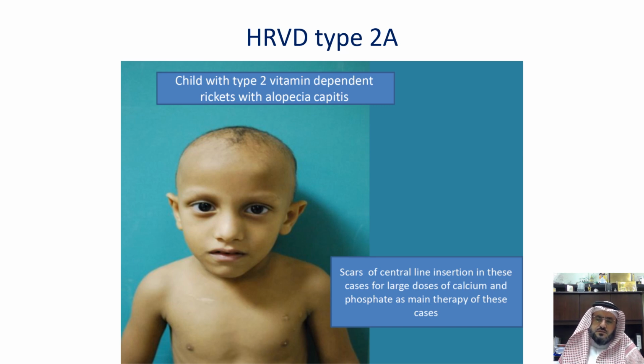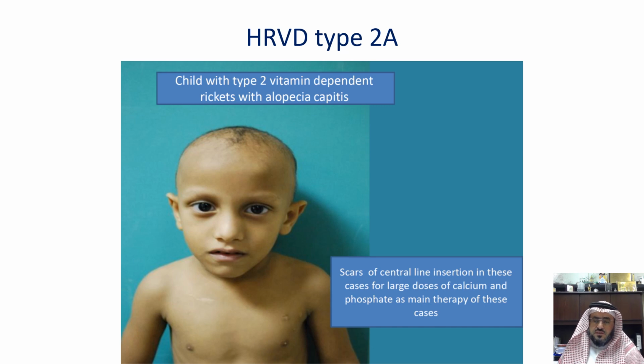Because the treatment of vitamin D resistant rickets is by giving high intravenous calcium and high intravenous phosphate initially during the active stage of rickets, then to shift to high oral calcium and high oral phosphate lifelong.